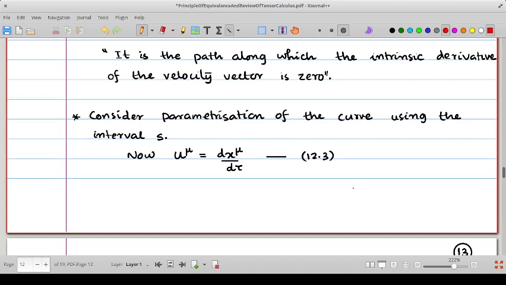Now we consider the parameterization of the curve on the space using the interval s. Then we can define the derivative of the coordinates with respect to this parameter s.